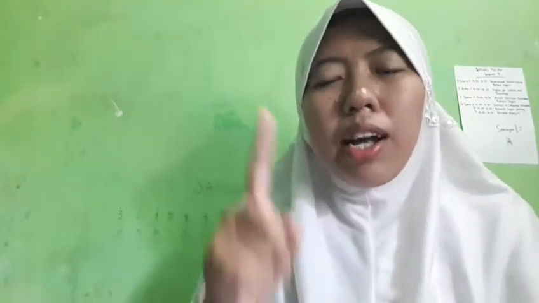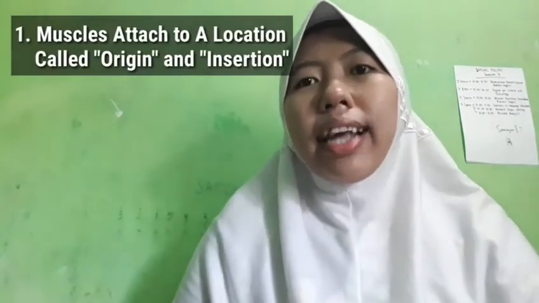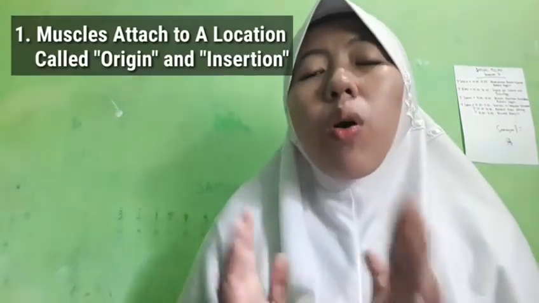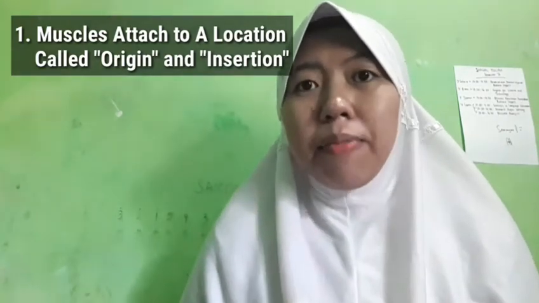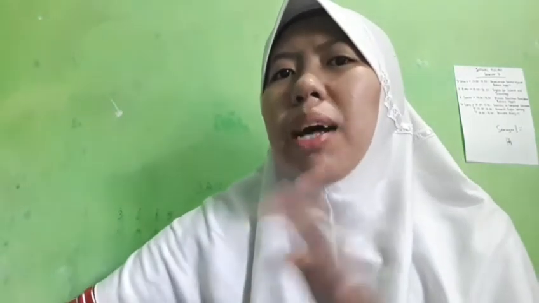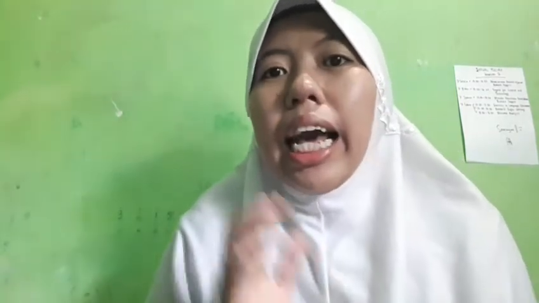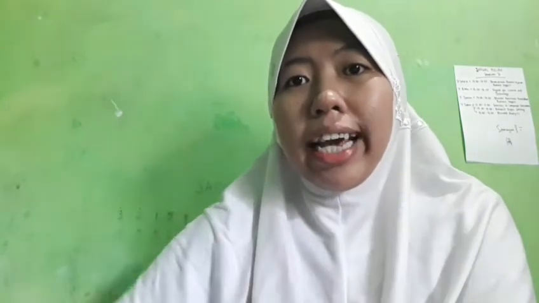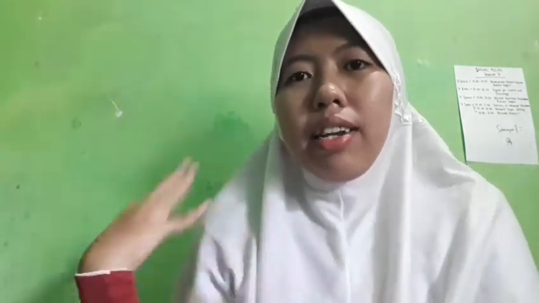The first element of the muscle itself is that muscles attach to locations called origin and insertion. Skeletal muscles attach to bone or sometimes other muscles or tissues at 2 or more places. If the place is a bone that remains immobile for an action, the attachment is called an origin.